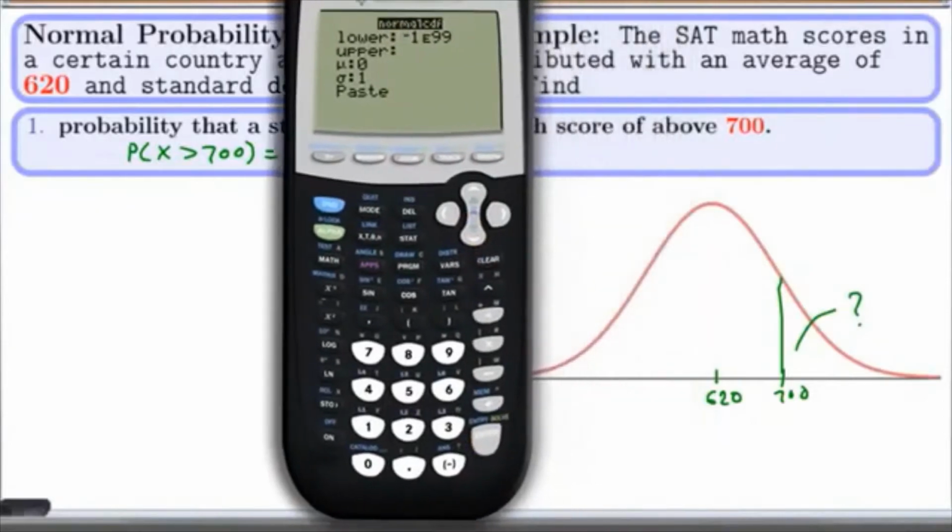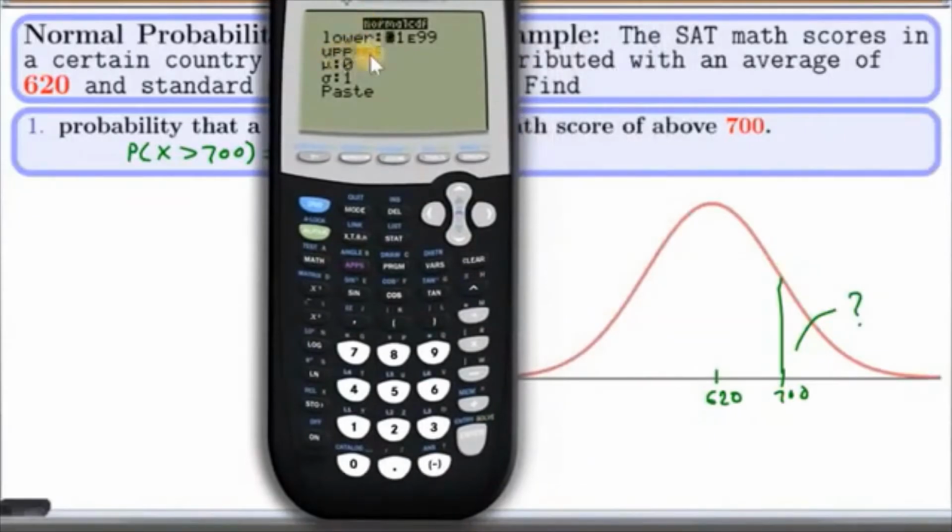So for this, we will need lower value, upper value, mean, and standard deviation. Let me clear what I have on here. Looking at this diagram, we know our lower value is 700. For upper value, we'll need a really large positive number, so let me put 10,000 there.